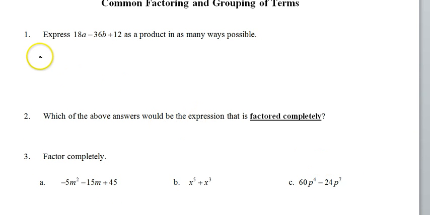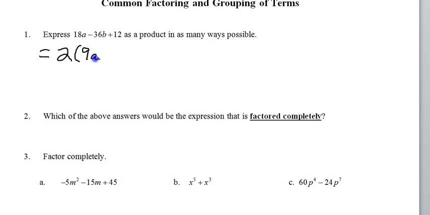So we want to express 18a minus 36b plus 12 as a product in as many ways as possible. So we can say, well, each of these is divisible by 2, so I can remove 2 as a common factor.